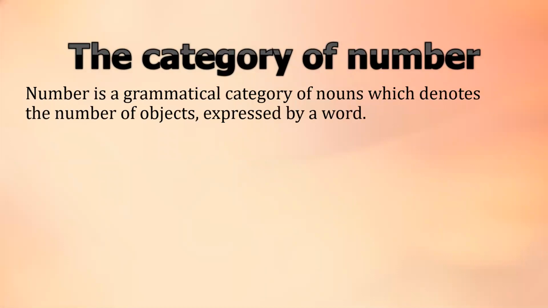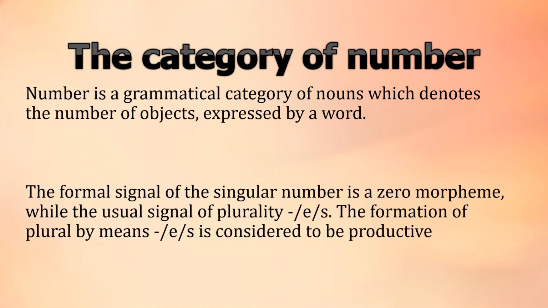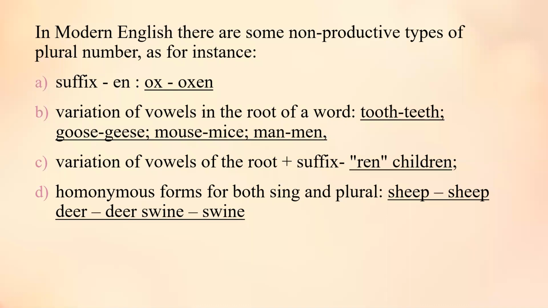The category of number of the noun denotes the number of objects expressed by a word. The formal signal of singular number is a zero morpheme, while the usual signal of plurality is -(e)s. The formation of plural by means of -(e)s is considered to be productive. In modern English, there are some non-productive types of plural number as well.